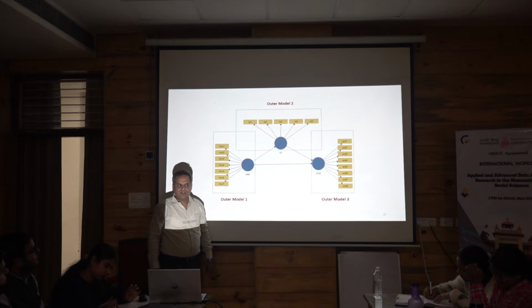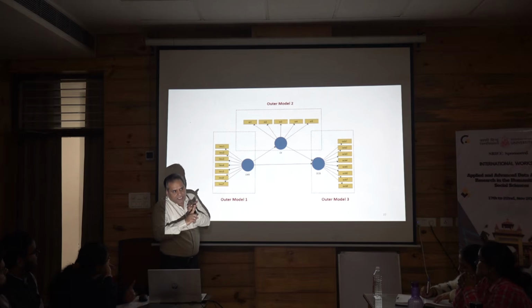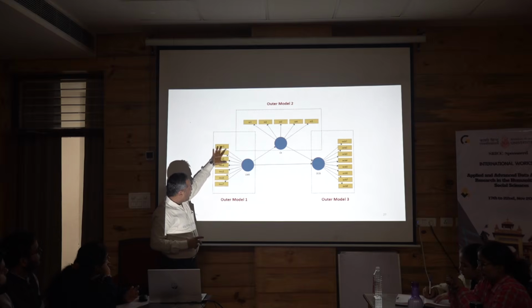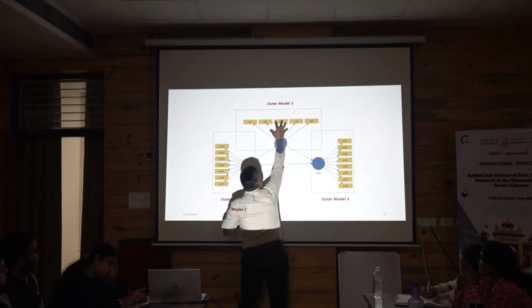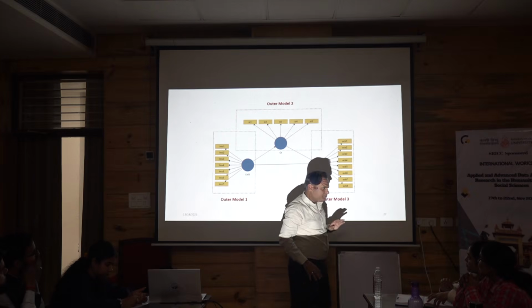When I say construct validity, it has 2 parts, convergent validity and discriminant validity. Convergent validity means all items should converge here, because they belong to the same parent.